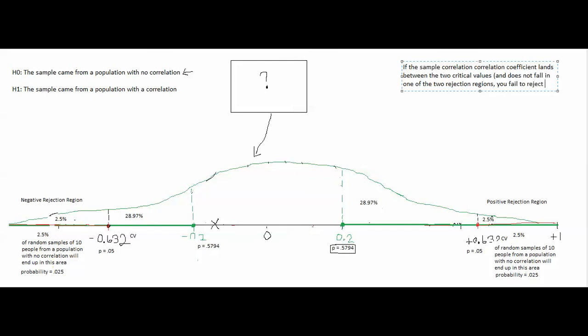You fail to reject the null hypothesis, and you continue to assume that the null is true, and that there is no correlation in the population being studied.